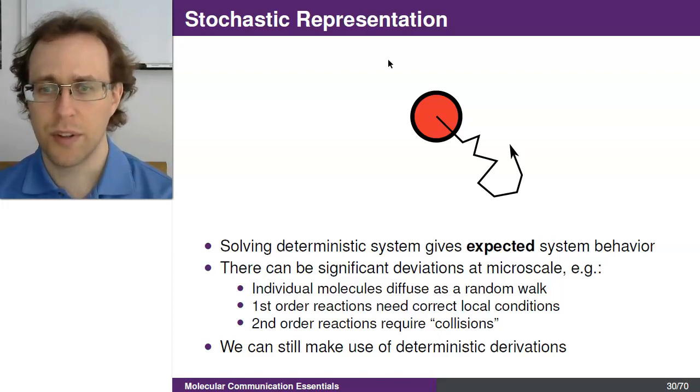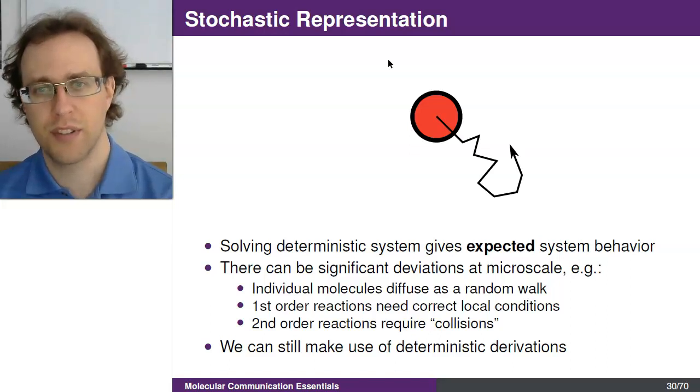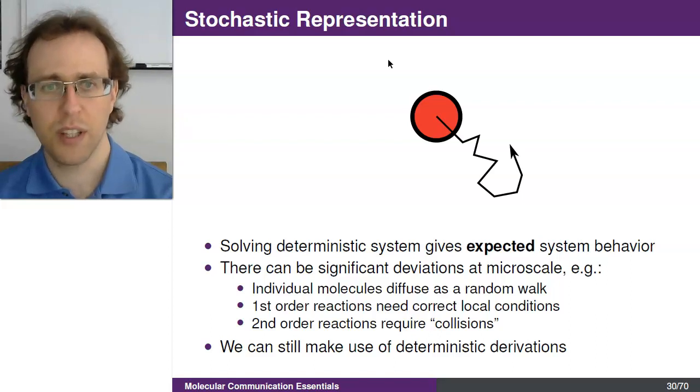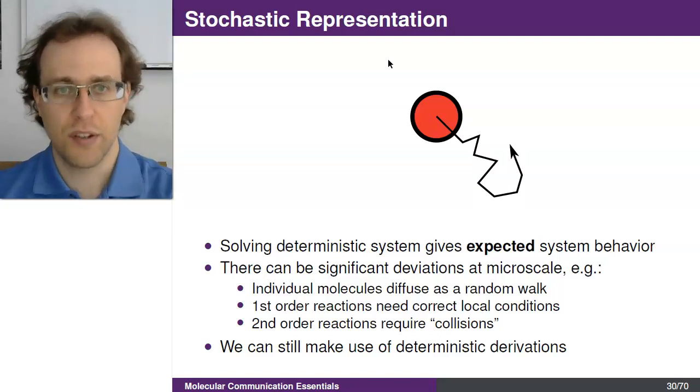What is still quite useful, though, is that we can make use of the deterministic derivations. If we want to consider a noisy system, it's still good that we went through the deterministic mathematical analysis, particularly with coming up with closed form expressions, but even the differential equations themselves can also be used to inform simulation algorithms.